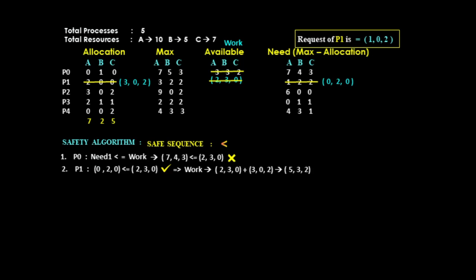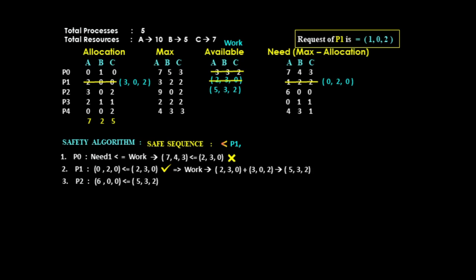That is, currently the system has 5 instances of resource type A, 3 instances of resource type B and 2 instances of resource type C. Now since it is valid and we are updating the work value, this process P1 is inserted into the safe sequence. Next we will move on to select the next process, that is P2.